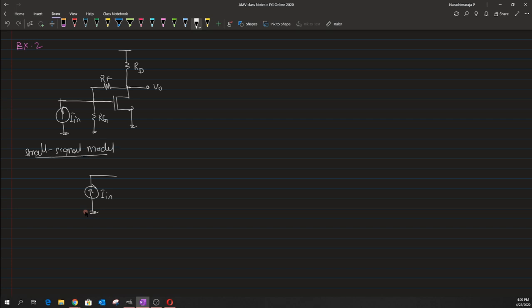Yeah. So we have this resistance Rg, and one could use the voltage drop across this Rg as Vgs, right.